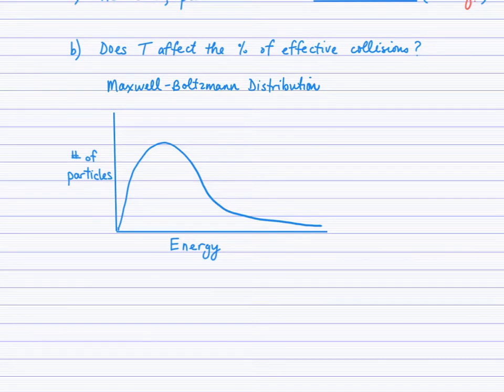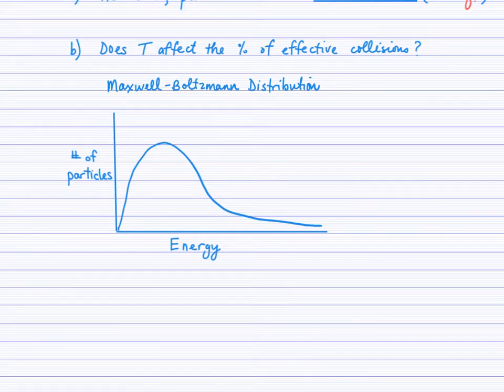If we're a sample of gas at 20 degrees Celsius, is everyone in the room moving with the same kinetic energy, or is that 20 degrees Celsius just a measure of our average kinetic energy? Well, certainly it is a measure of our average. Some students are moving slower than others, some students are moving faster, and there's a significant number with a moderate kinetic energy. And that's exactly what this Maxwell-Boltzmann distribution shows us.